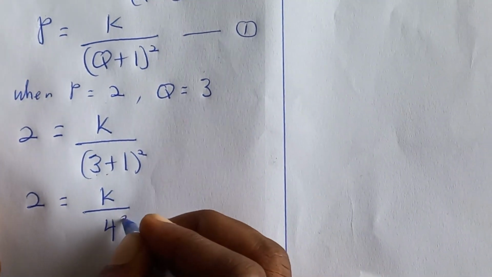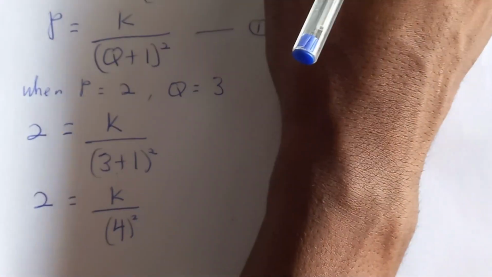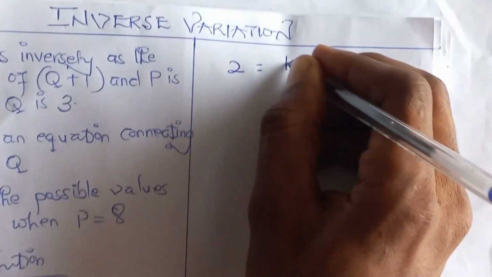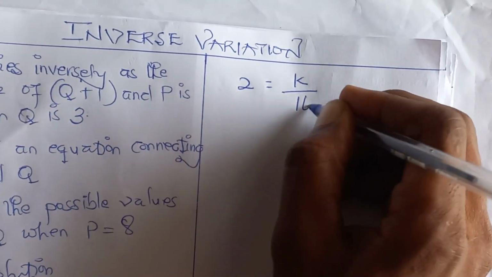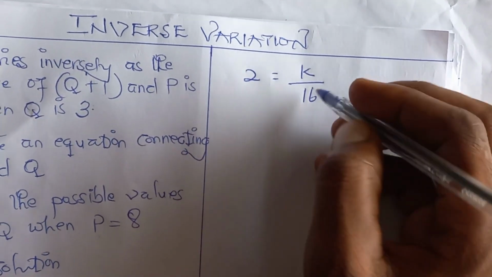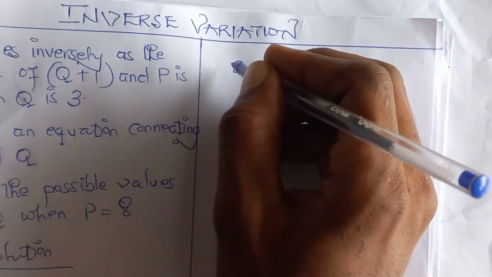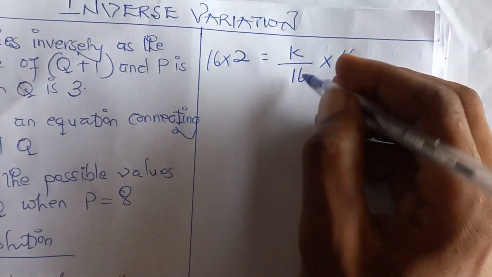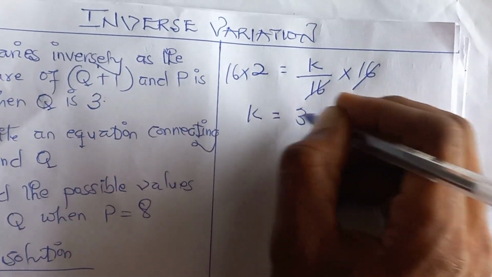So 4 squared. Let's continue from here. Further, you can get 2 is equal to K on 4 squared is 16, okay? Then we make K the subject. So we are going to multiply both sides by 16. So this one will cancel this. Get K is equal to 32.